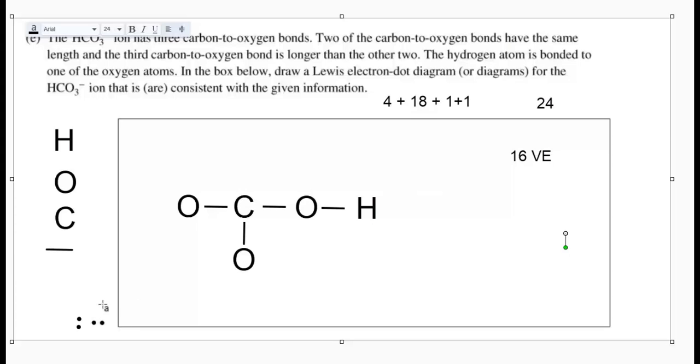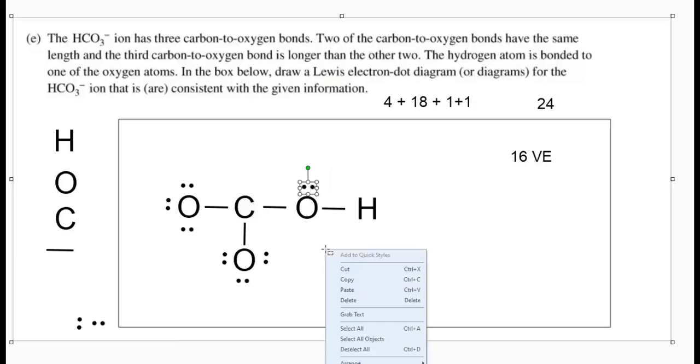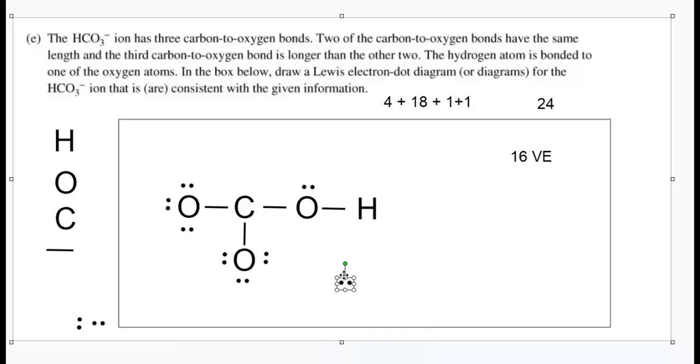That's easy enough to do. 6, that leaves us 10 more that are left behind because we've just completed this oxygen's octet. 6, so we've used up 12 electrons out of these 16. We've got 4 more left, and indeed, I'll put those on our oxygen here, and that oxygen will have its octet completed.